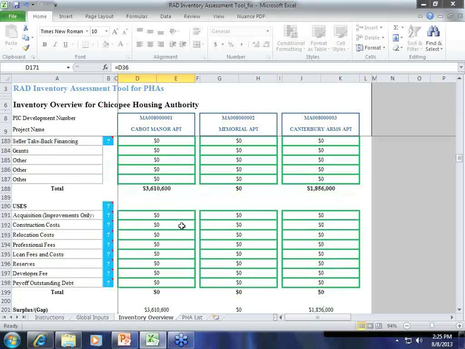This might feel strange to you because the PHA already owns the property, so what in the world is the acquisition cost about? Well, if you've done a tax credit deal before, you know that what you're doing is selling these units, not the land underneath them, but just the units themselves, into a limited liability corporation for purposes of generating the tax credit.